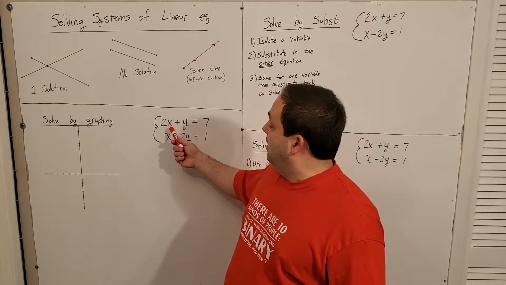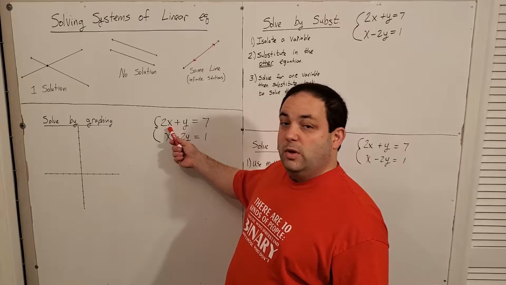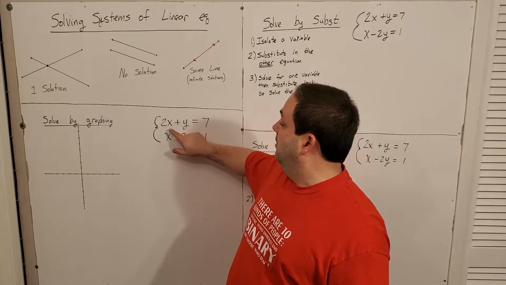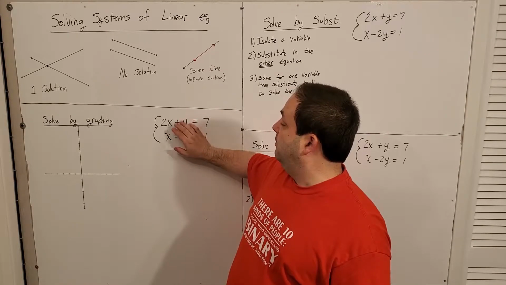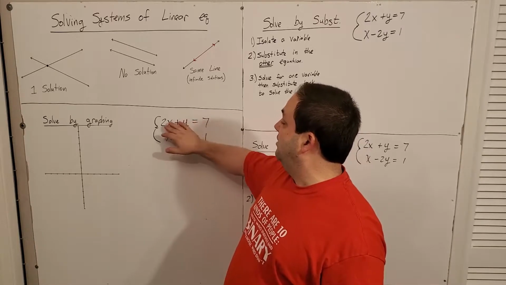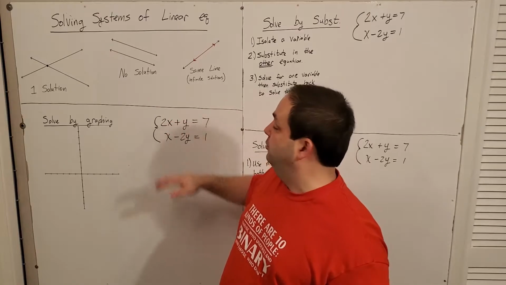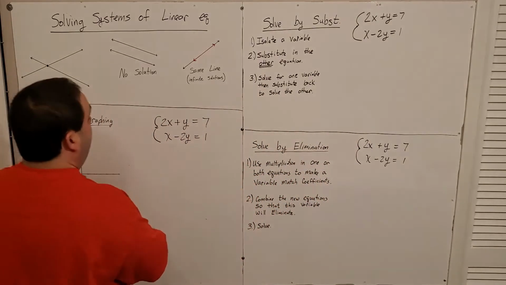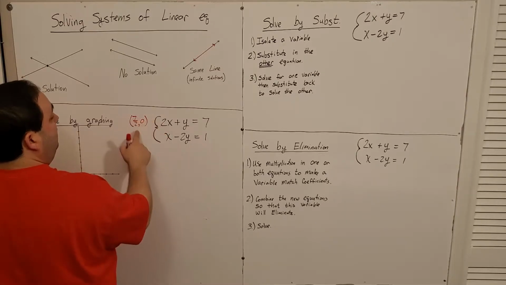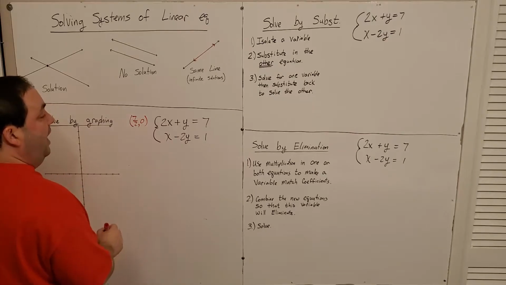Okay, so my x-intercept, remember, is when y is 0. So I'll do the little cover-up method here. My x-intercept for the top line, 2x, is going to equal 7. So that means x would be 7 divided by 2, which is 3.5. I'll write 7 over 2, though. 7 over 2, 0, is one of the intercepts for x.